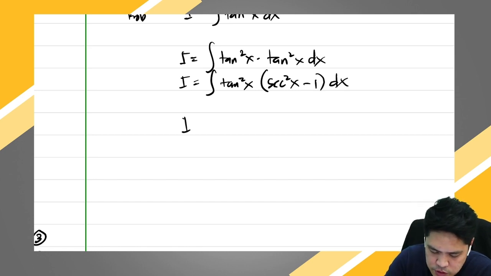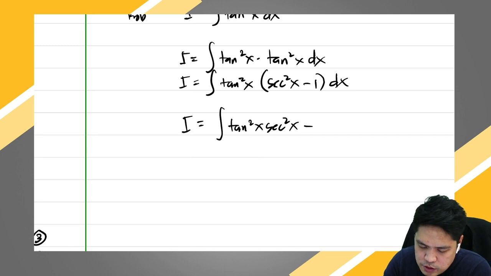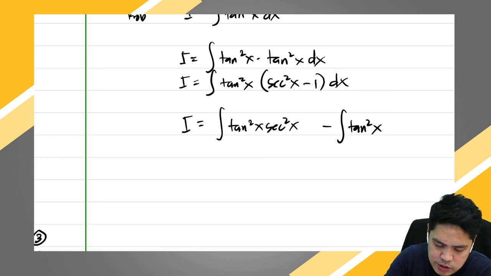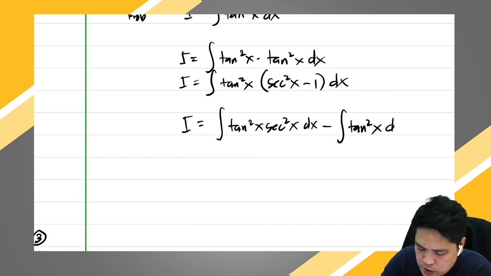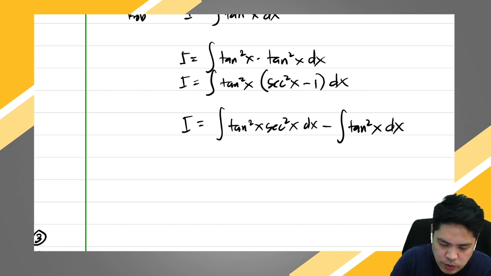Okay, so therefore I is equal to the integral of tangent squared x secant squared x minus the integral of tangent squared x. Kalimutan natin yung dx. So let us insert dx here and dx here. Okay, but wait, there's more.